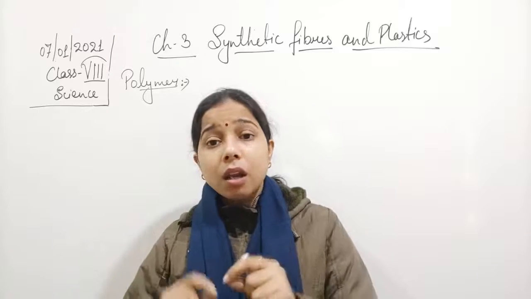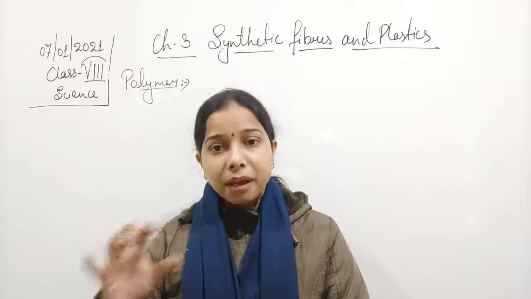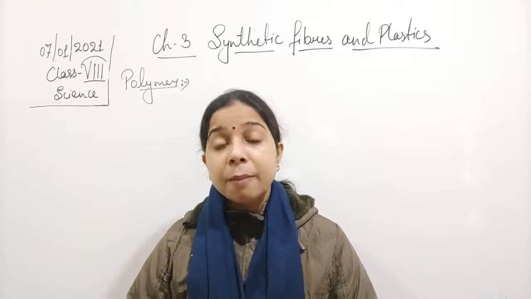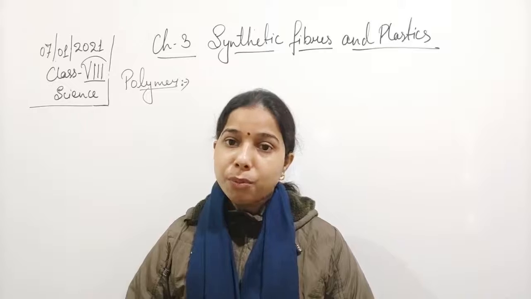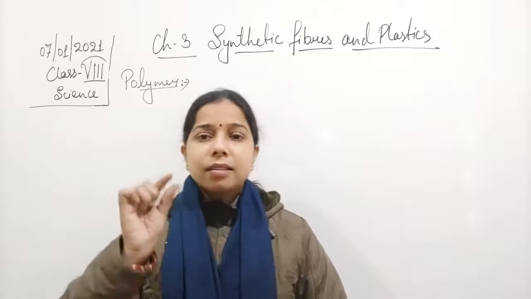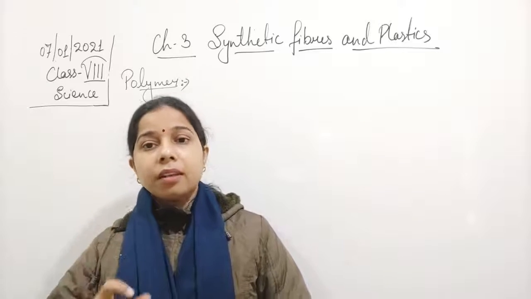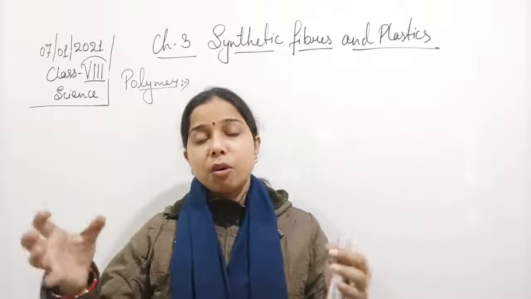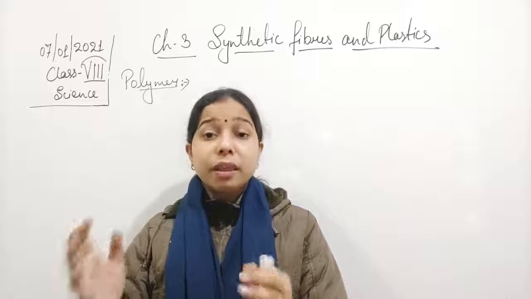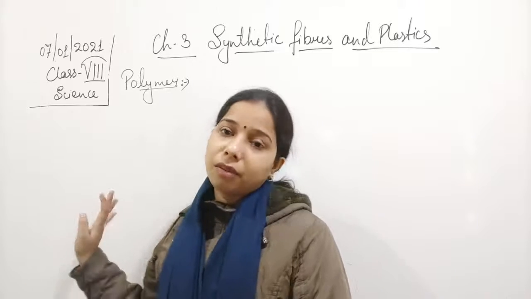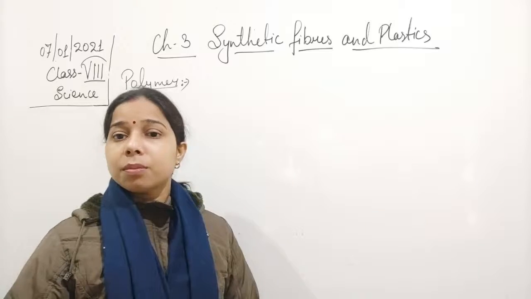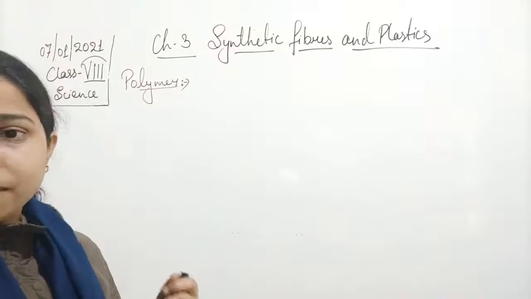It means a lot of beads combine together or come close to each other to form a necklace. The same thing happens with a polymer. A single molecule, then the other, then the other. When all the same type of molecules combine together, there is the formation of a polymer.